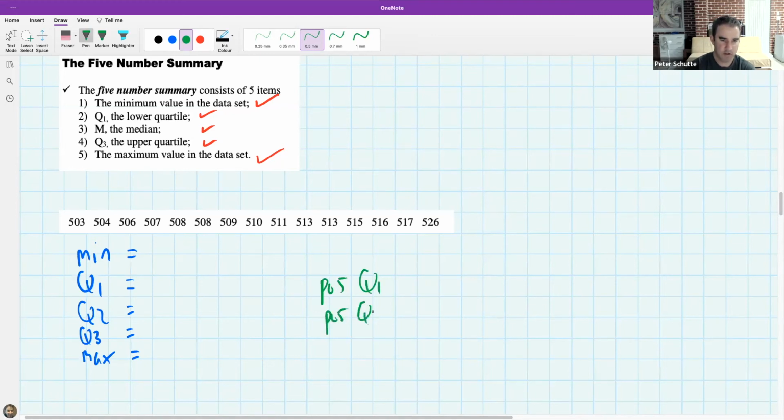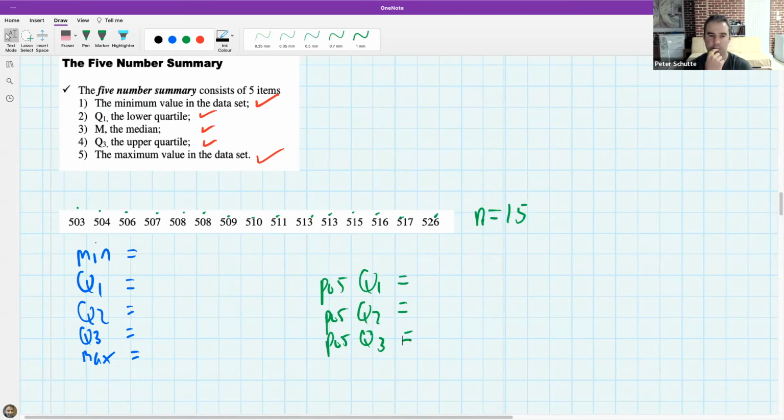And what else might be helpful is if you knew how many items there were. So 1, 2, ... 9, 10, 11, 12, 13, 14, 15. So n, or the number of items in the data set, is going to be 15. So that could be quite helpful in our calculations, especially the position calculations.